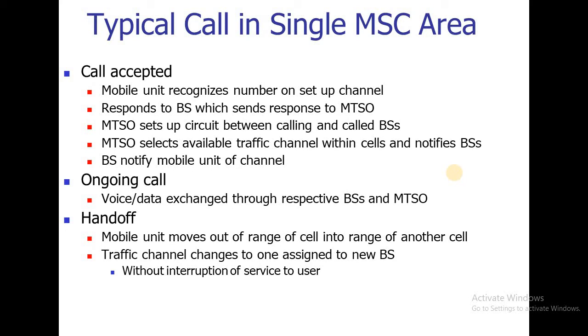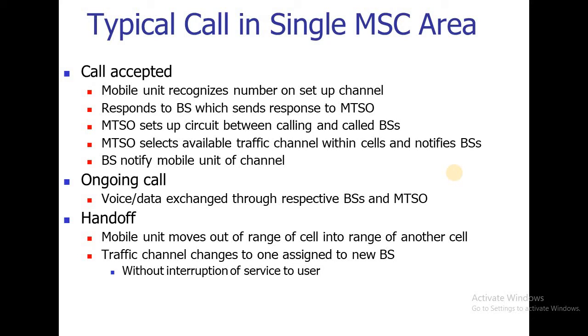One is the calling person's base station and the other is the called person's base station. The MSC selects an available traffic channel within cells and notifies the base stations. So it checks for traffic, and if there is no traffic, then the channel is idle, and it establishes a connection and notifies the base station about that.